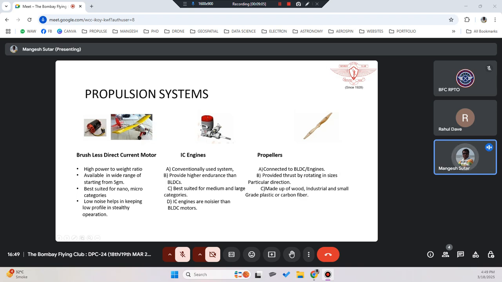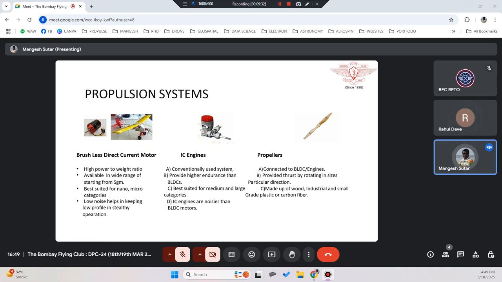Now for both propulsion systems, you will have to use propellers. These propellers are connected to BLDC or IC engines and provide thrust by rotating in a particular direction. The motion of the propeller will cause the thrust. They are made of wood, industrial-grade plastic, or maybe carbon fiber. Usually very lightweight, but strong.